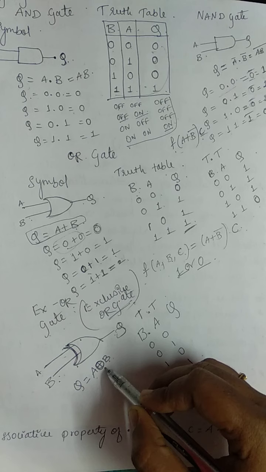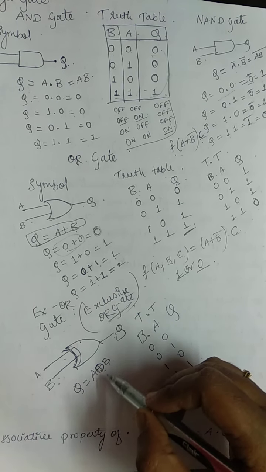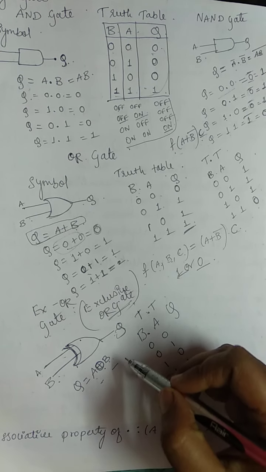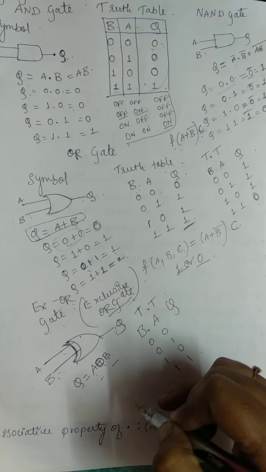How will we read this? We read it as A or B, but not both, gives the Q value as an odd number.